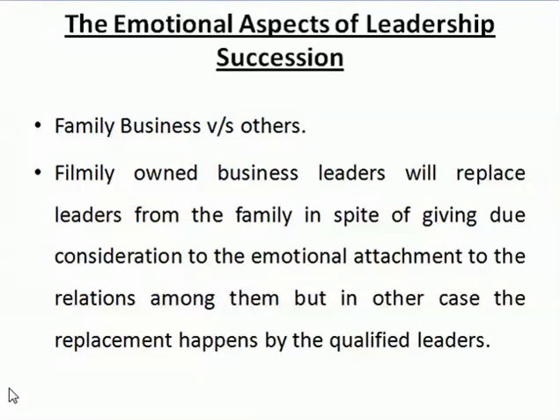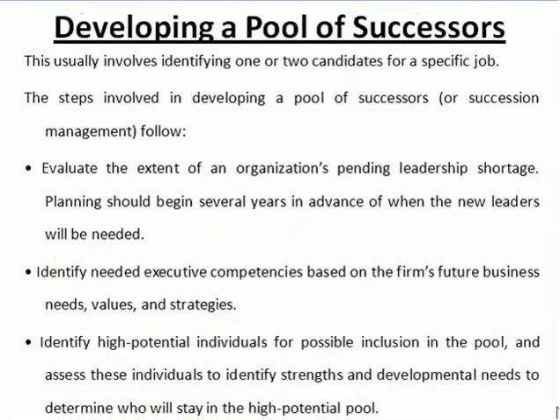When it comes to public companies which are not family owned, people decide who is the most capable one within the company, or sometimes find them from other organizations, using what we call headhunting strategies. So as I told you, emotional attachment plays a very important role in family-owned relations. But in other cases, the replacement is based on how qualified the leader is for that particular position.